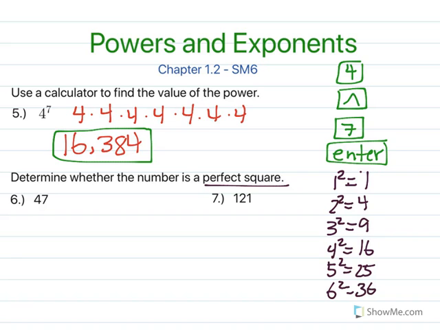And then I'm going to work my way up. I guess I got to do a couple more here for you. You could have 7 squared is 49, 8 squared is 64, 9 squared is 81, 10 squared is 100, 11 squared is 121, 12 squared is 144.